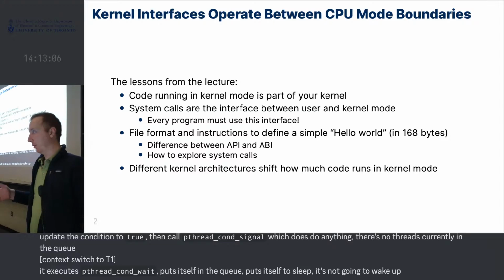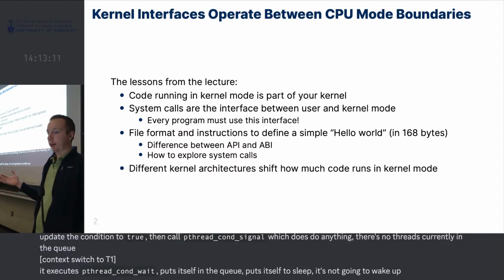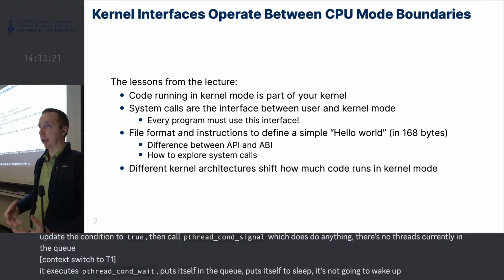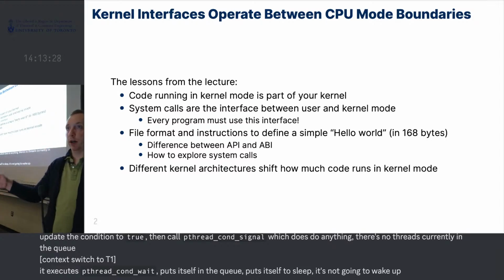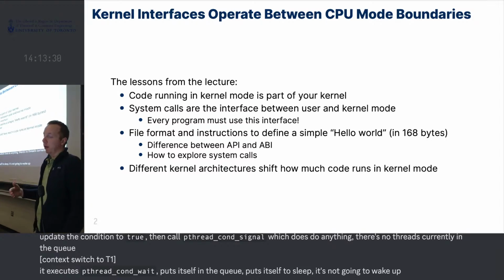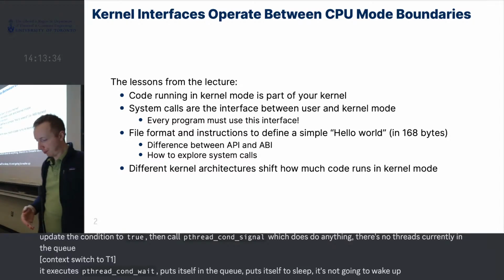Then there's also more of a theoretical thing, which is that there are different kernel architectures that shift how much code is in kernel mode. So if you have a monolithic kernel, pretty much anything that has anything to do with hardware is running in kernel mode, and you don't try and separate it out. Mostly you do this for performance, so you're not doing system calls all the time, because the system call interface is a lot slower than just calling a function.